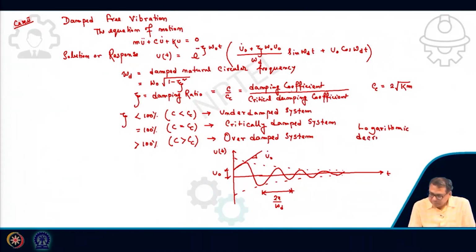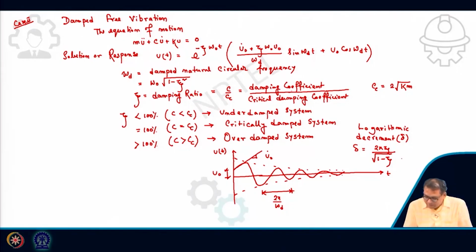The logarithmic decrement delta, okay, so how do I calculate delta? Delta will be 2 pi damping ratio divided by root over 1 minus damping ratio square.